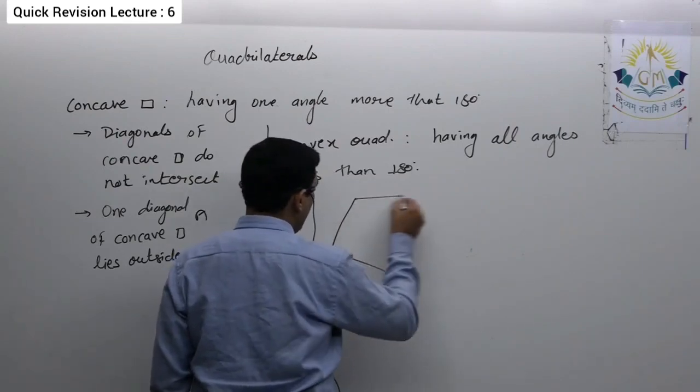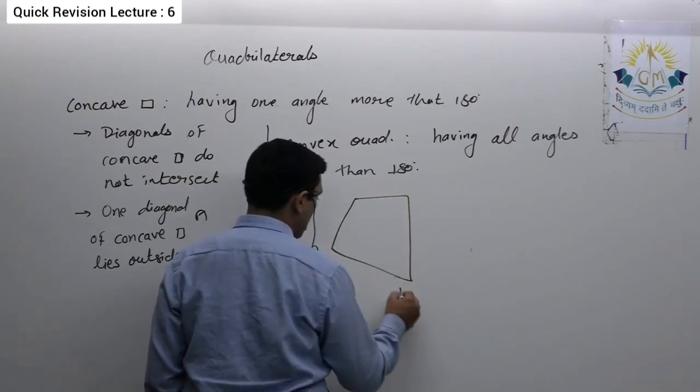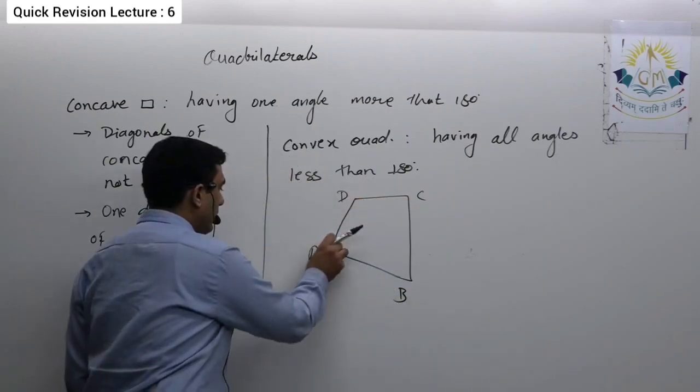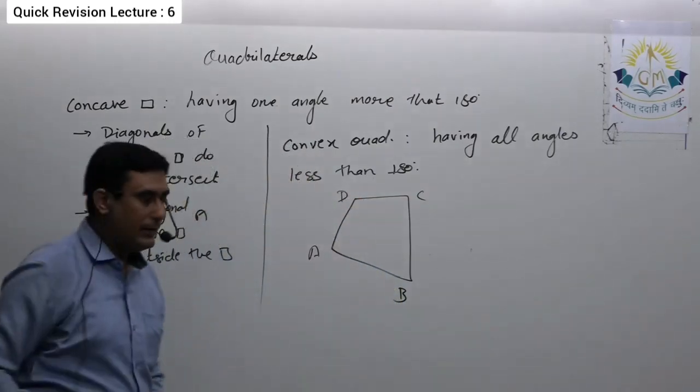Okay, simple. This is a convex quadrilateral. All its angles are less than 180 degrees.